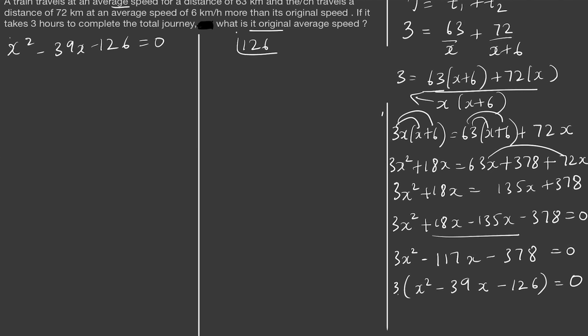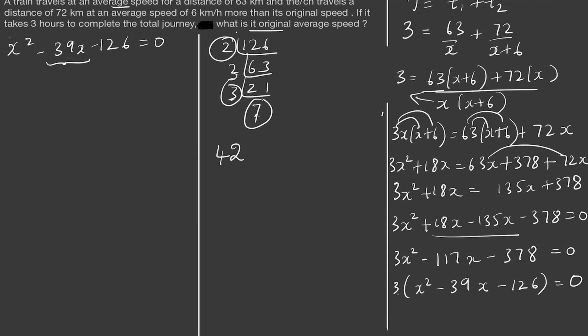On checking with the factors of 126: 2 6s are 12, 2 3s are 6, 3 1s are 3, 7 3s are 21. These are the factors. On checking with the different combinations, when we multiply we should get 126, and on simplifying we should get minus 39. I'll be taking 7 3s are 21, 21 2s are 42.